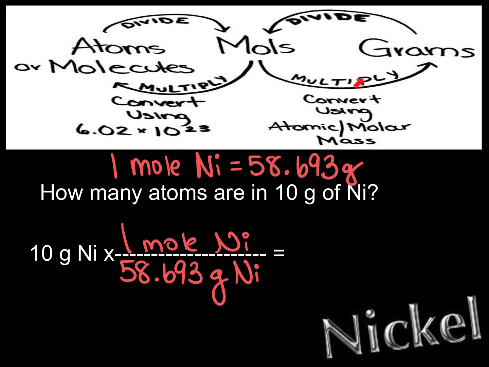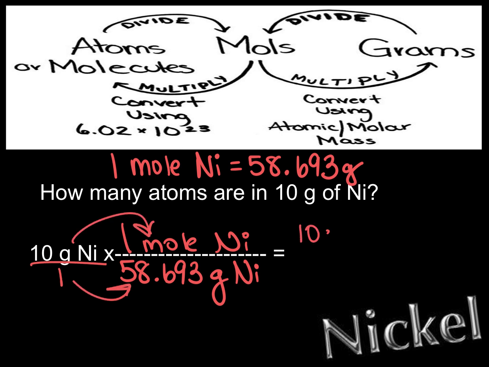So what we're doing is we're over here at grams, and we're going to have to find out how many moles we have so that then we can figure out how many atoms we have. There's not a straight path all the way over. So we're going to start with our grams, find out how many moles, and then we're going to have to do another step. So the first thing we're going to do is let's first figure out how many moles we have.